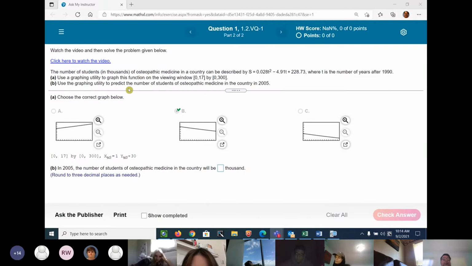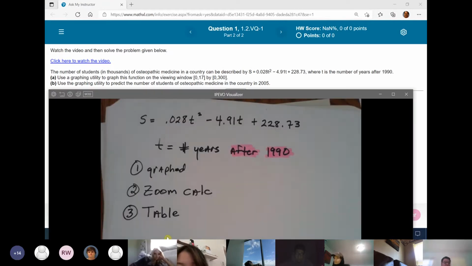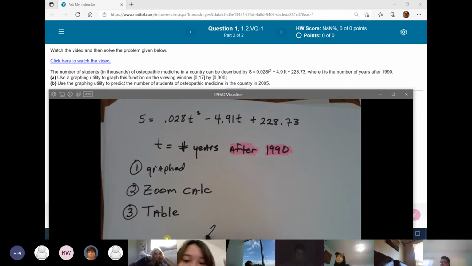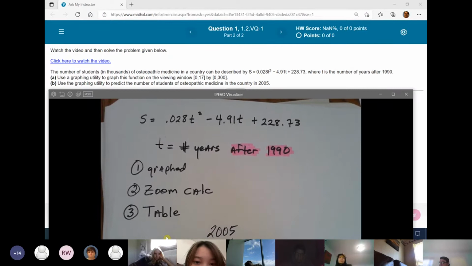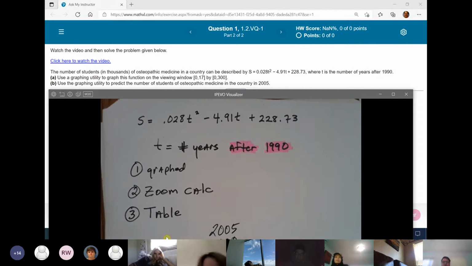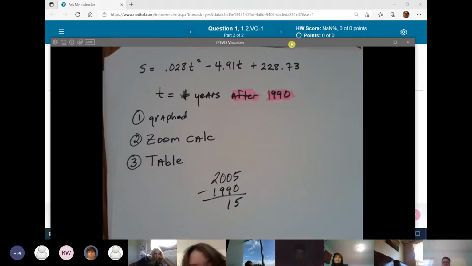Use the graph to predict the number of students in the country in 2005. Well, 2005 minus 1990, and that'll be 15 years. I did that because you need to find out what the years is since 1990.